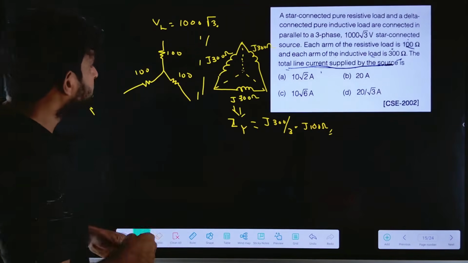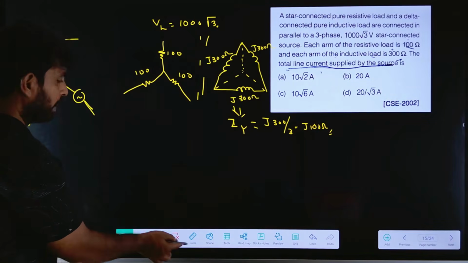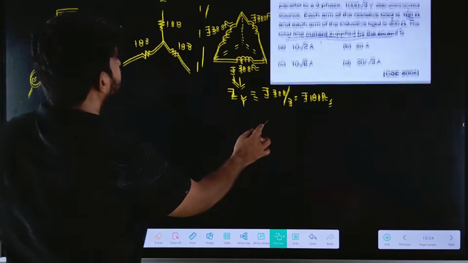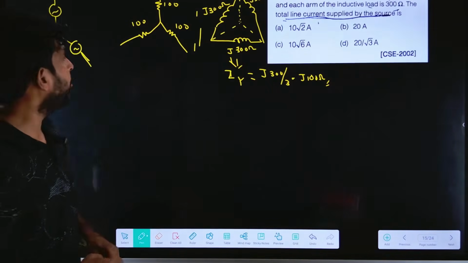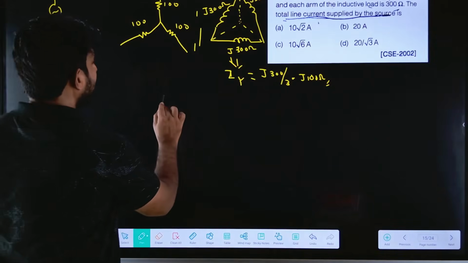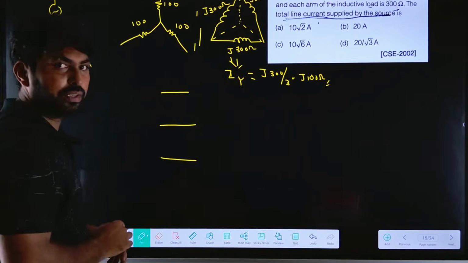Now let me draw the circuit so you can find it easily. If you observe here, the circuit will be like this. R, Y, B we have.